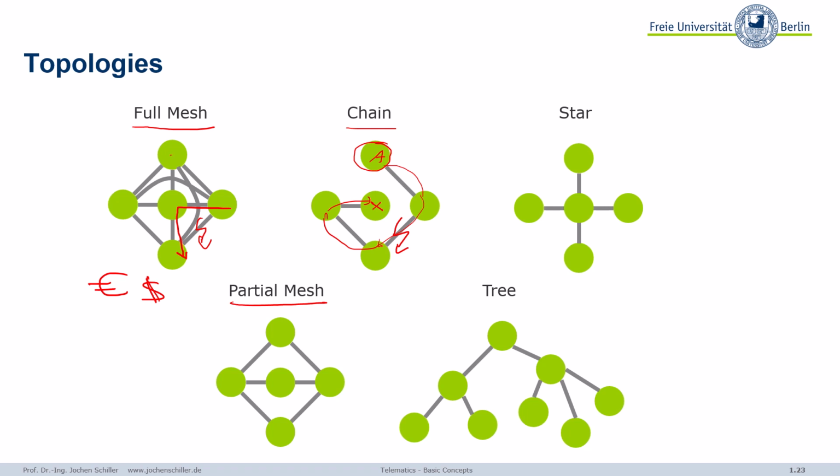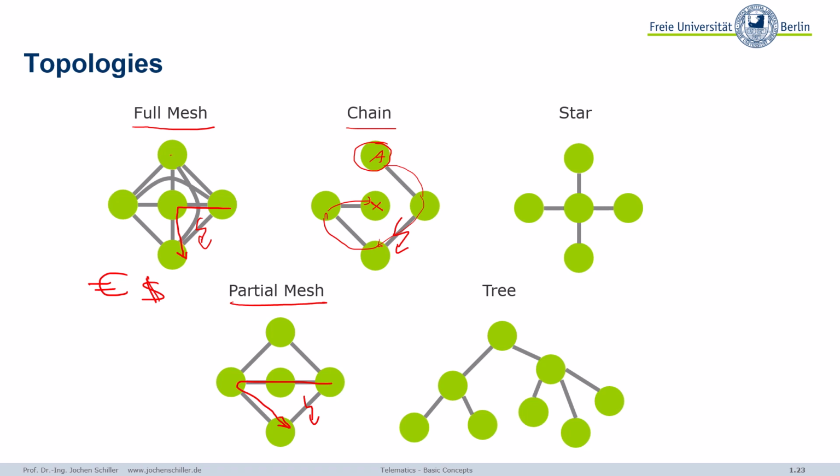If now, for example, a link breaks, I have to make a detour. That's not as short as in the fully meshed case, but it works somehow. So partial mesh, that's typically the way to go, that you have at least 2-3 alternative paths for all of the connections, but you don't have the full mesh scenario.